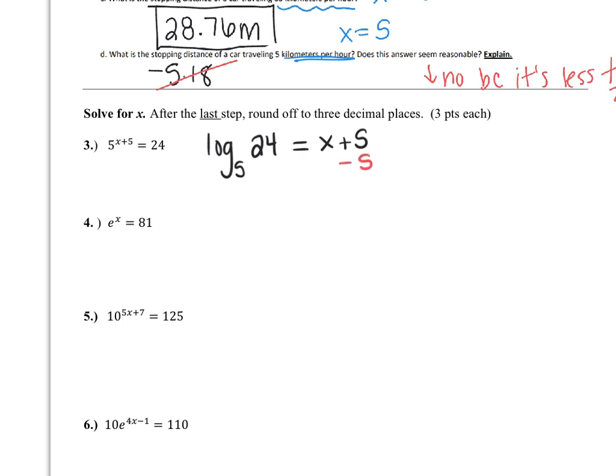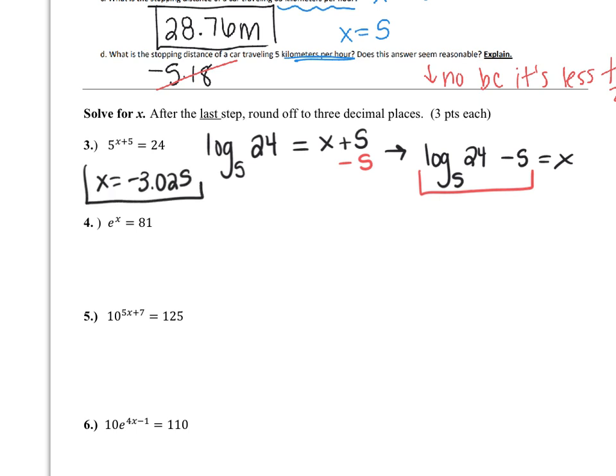So we're going to subtract 5 from both sides, which is log base 5 of 24 minus 5 equals x. And you will put this into your calculator, go to your math menu, go to log base, and then you can put in a base of 5, argument of 24, go outside your parentheses, subtract 5, hit enter. The answer, our x value, equals negative 3.025.